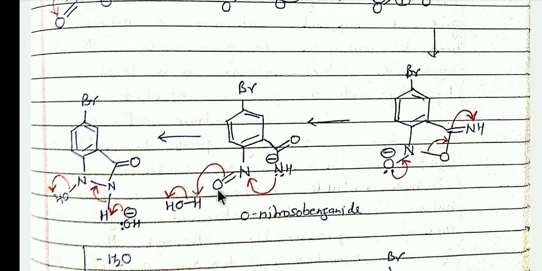The negatively charged oxygen abstracts a hydrogen, or we can say a proton, from the water molecule, and forms OH. This nitrogen becomes positively charged, so the negatively charged nitrogen forms a bond with the positively charged nitrogen atom. So we get this type of structure.